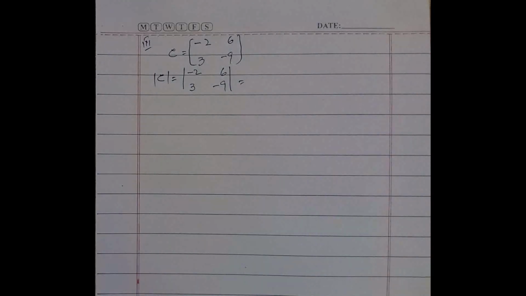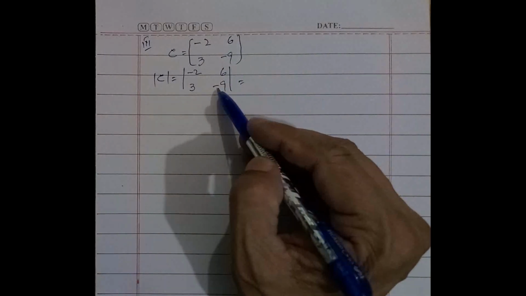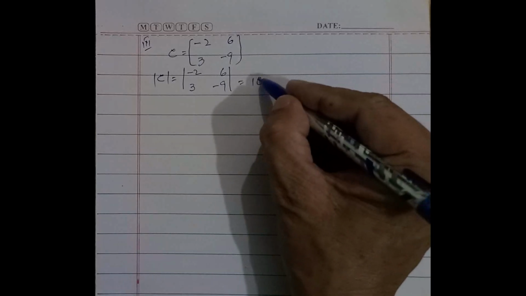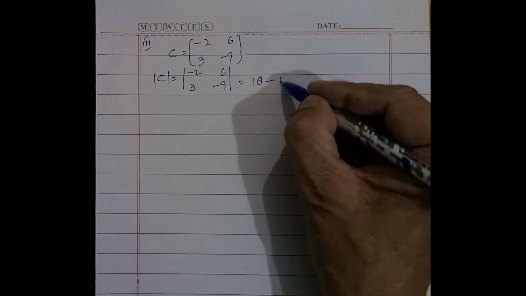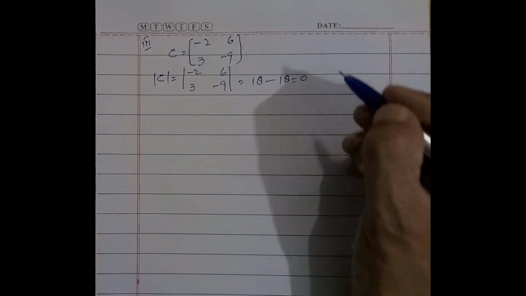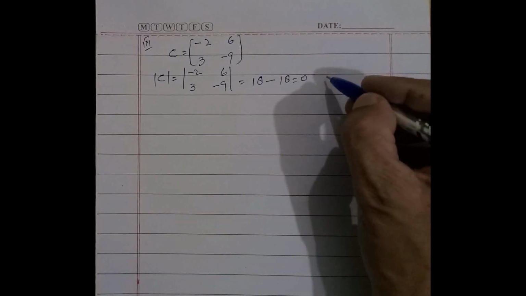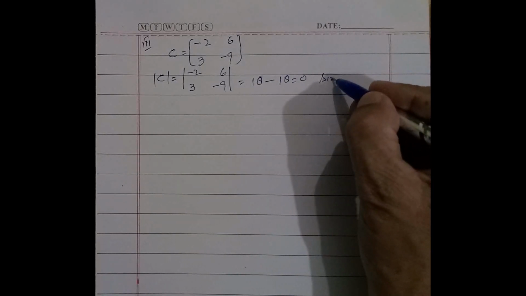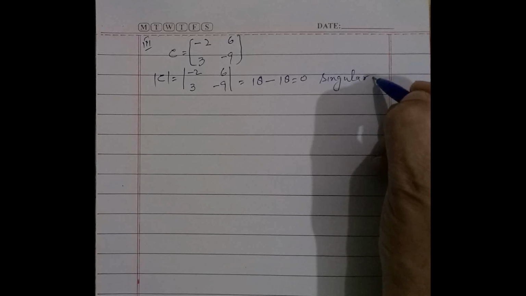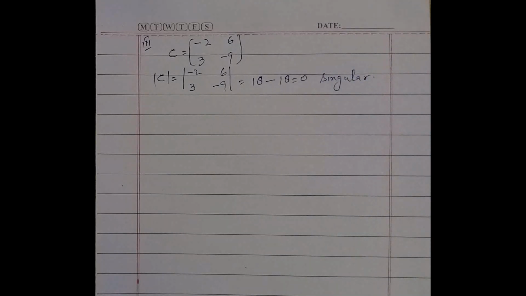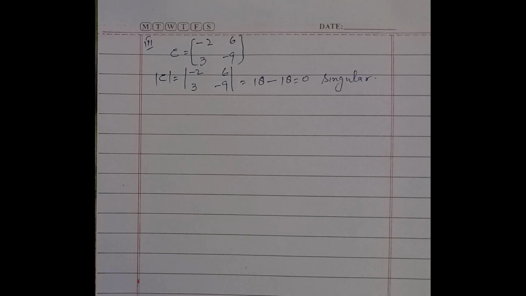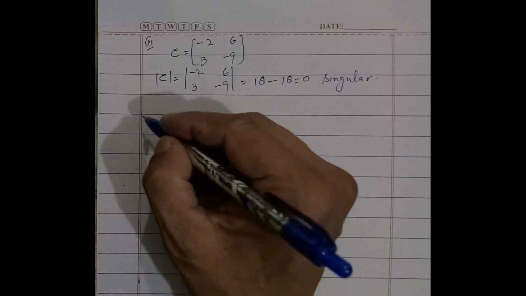Minus 2 multiplied by minus 9 is equal to 18, minus 3 times 6 is 18. It is equal to 0, and it is singular. So the multiplicative inverse of matrix C does not exist.